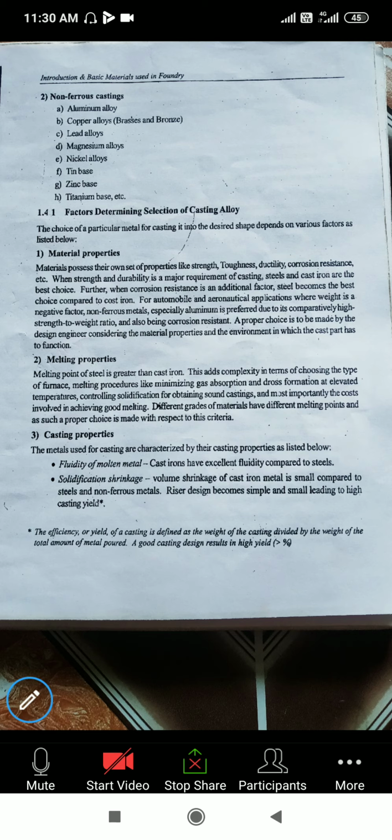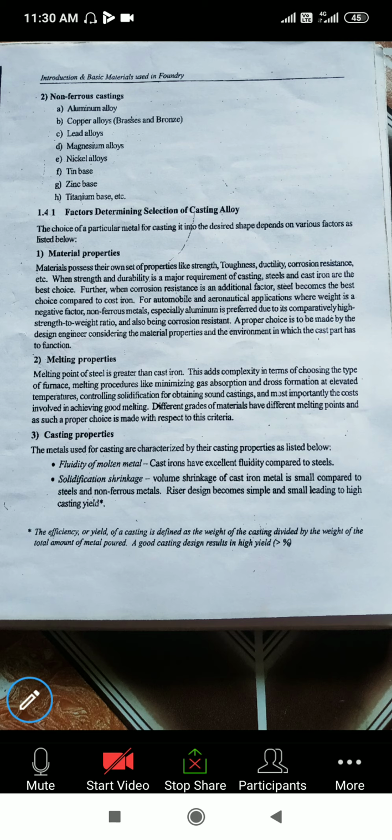See, the volume shrinkage of cast iron is small compared to steel, so you can give preference to cast iron over steel, and also over the non-ferrous metals. If cast iron can fulfill the properties required of the product, you can go for that. So the selection depends on which alloy you are going to use and how much volume it is going to shrink. So these are the factors.